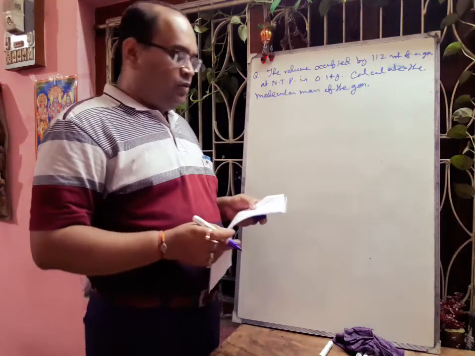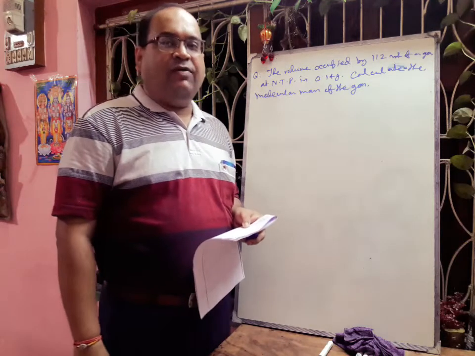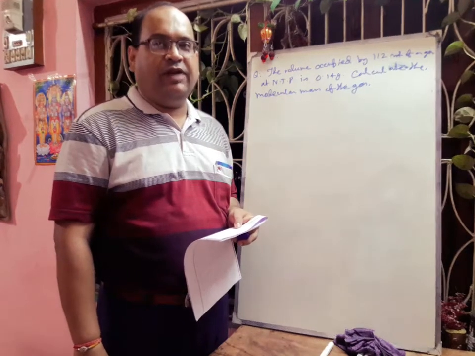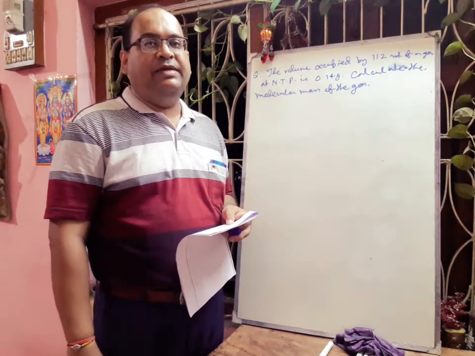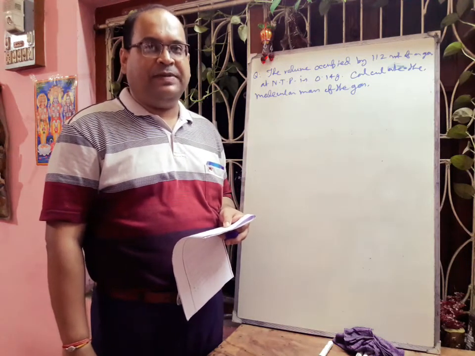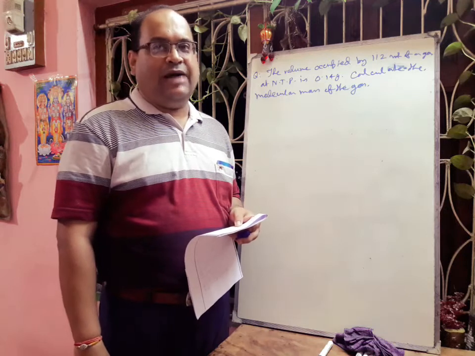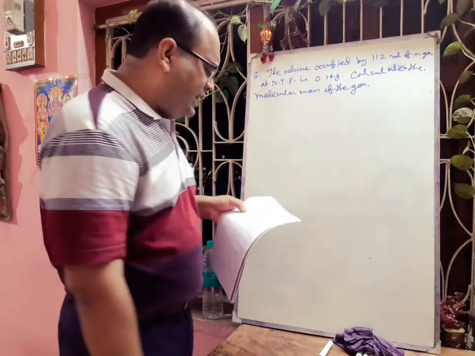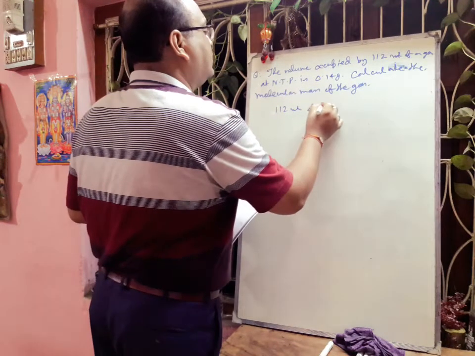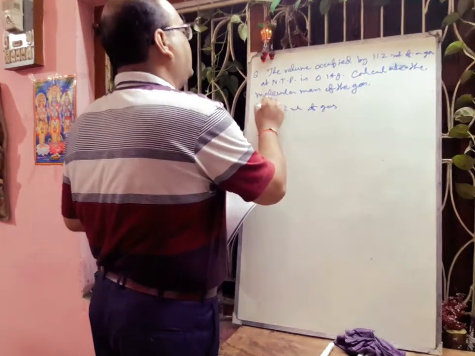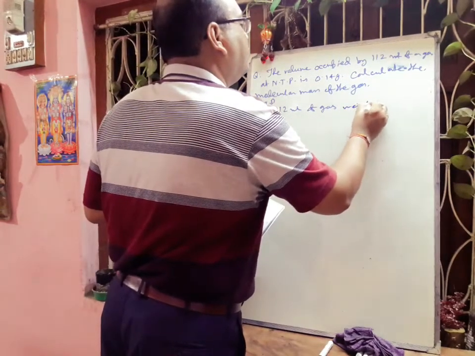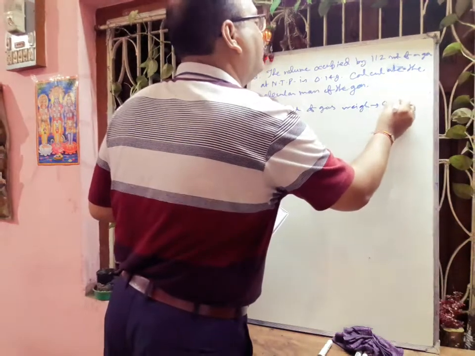So here we know that in the molar volume method, 22.4 liter or 22,400 ml of a gas at STP, means 273 Kelvin and 760 mm pressure or 1 atmospheric pressure, weight is equal to its gram molecular weight. Now in this case, 112 ml of gas at NTP weight will be equal to 0.14 gram.